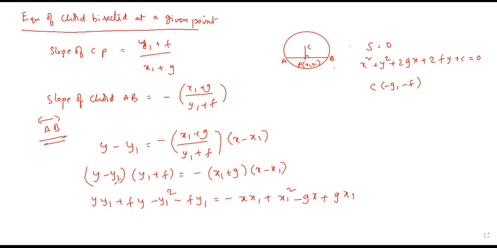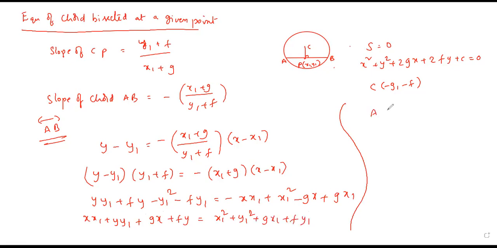Take xx1 and gx to the left side, so that you will get xx1 plus yy1 plus gx plus fy equals x1 square plus y1 square plus gx1 plus fy1. Then add gx1 plus fy1 plus c on both sides.